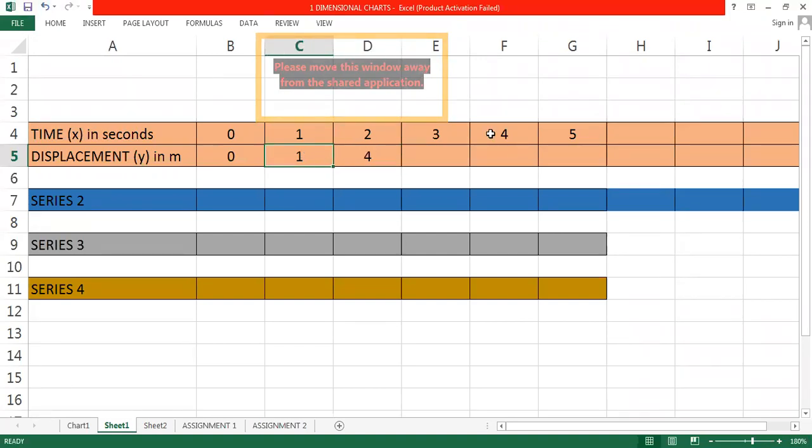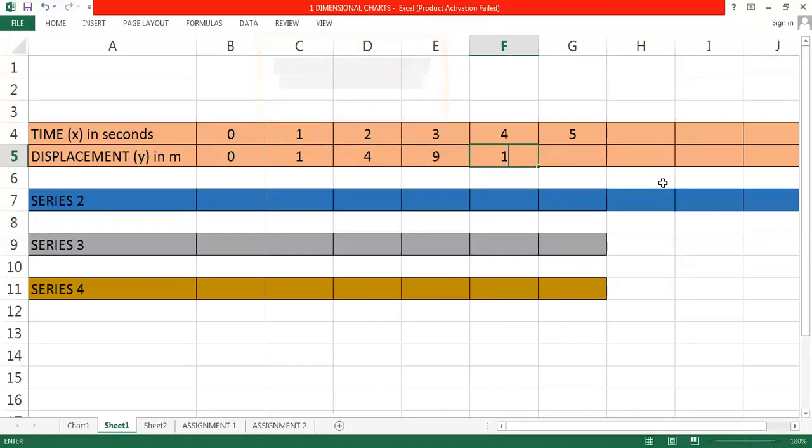Then after 3 seconds, the total distance covered is 9 meters. So can you see that in the third second, the distance covered is 5 meters? Yes or no? Because after 2 seconds, it is 4, but after 3 seconds, it is 9. Means 9 minus 4, in the third second, the object has covered 5 meters.